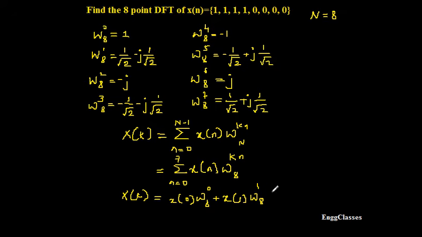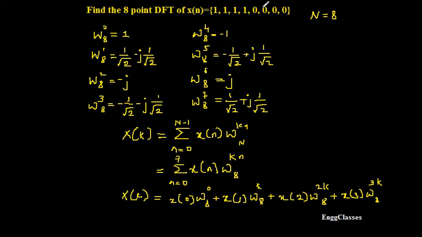Plus I'll put n equal to 2. I'm going to get x of 2 W8 to the power k into 2, that is 2k. Plus x of 3 W8 to the power k into 3, that is 3k. Plus x of 4.